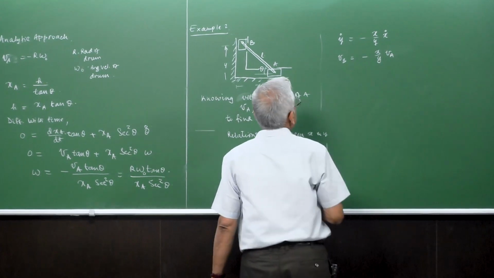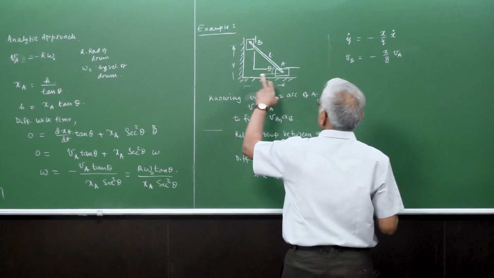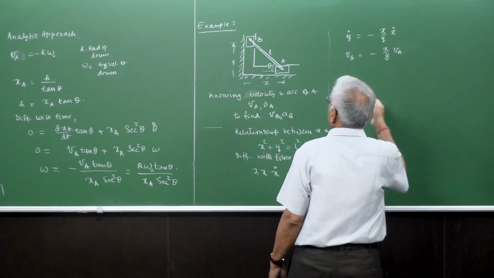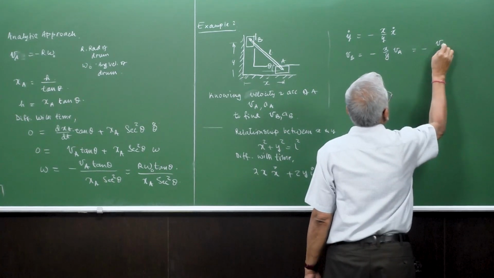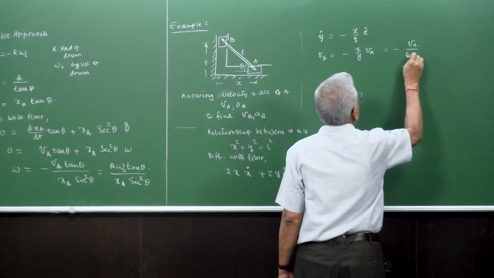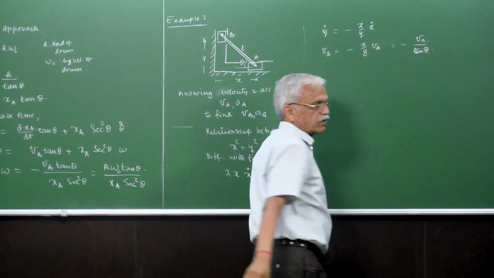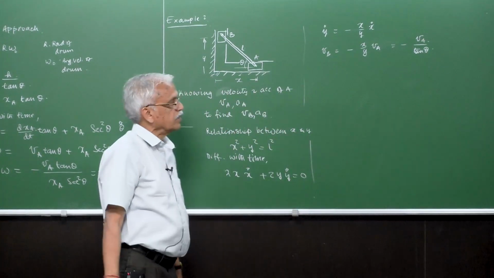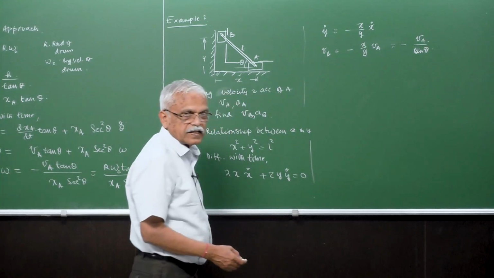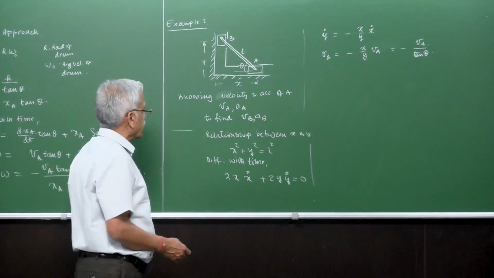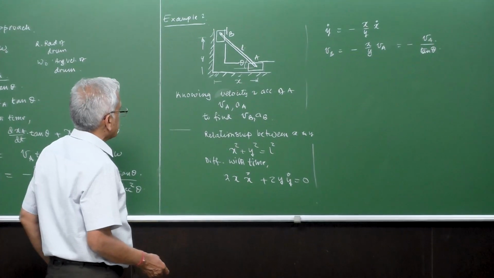So at any position theta, we can write x by y, or y by x, as tan theta. So this also can be written as VA by tan theta. So we can also write it in this manner. Okay, then you can also go one step further, and calculate the relationship between the accelerations.